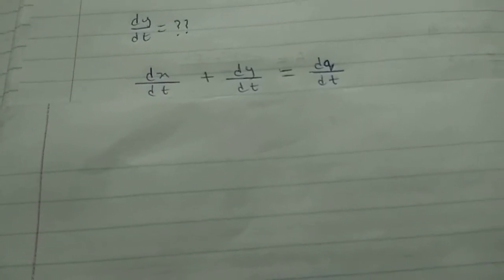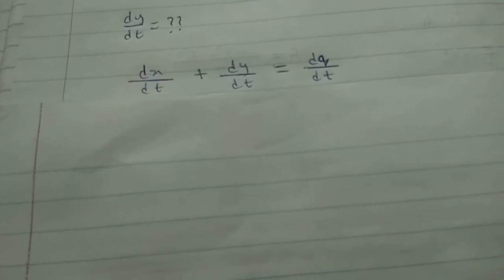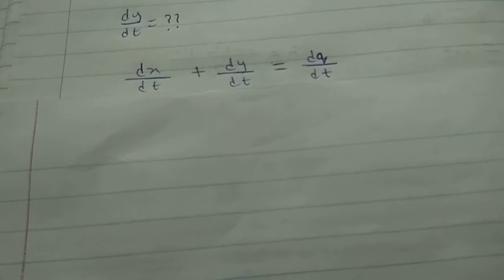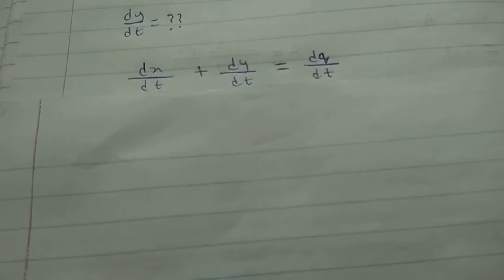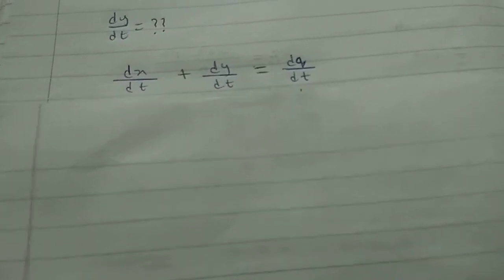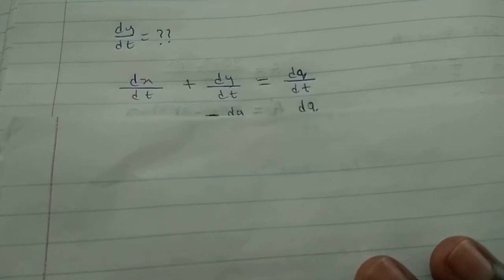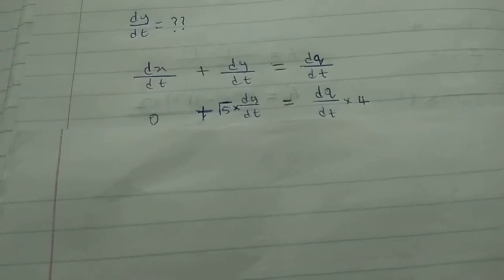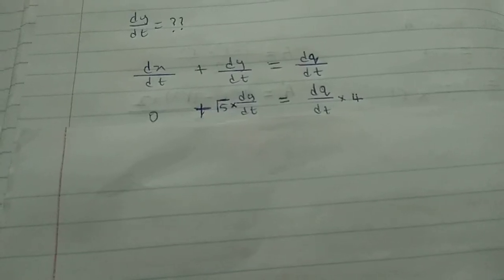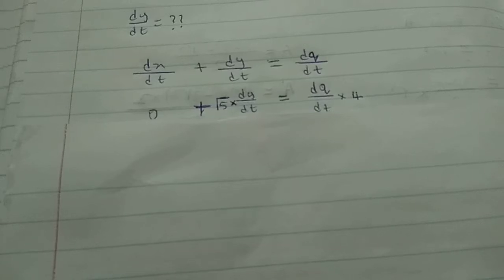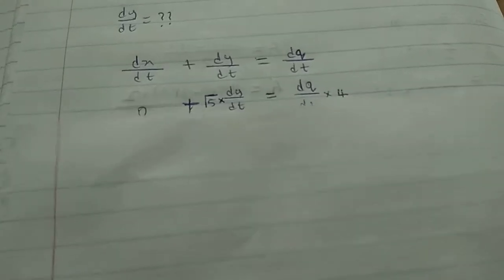The coefficients between them are x times dx/dt plus y times dy/dt is equivalent to q times dq/dt, but I didn't include them here. But you can see below that x, as I said, is a constant. It's the distance between the launch site and the radar station, so it's constant, so it becomes 0.